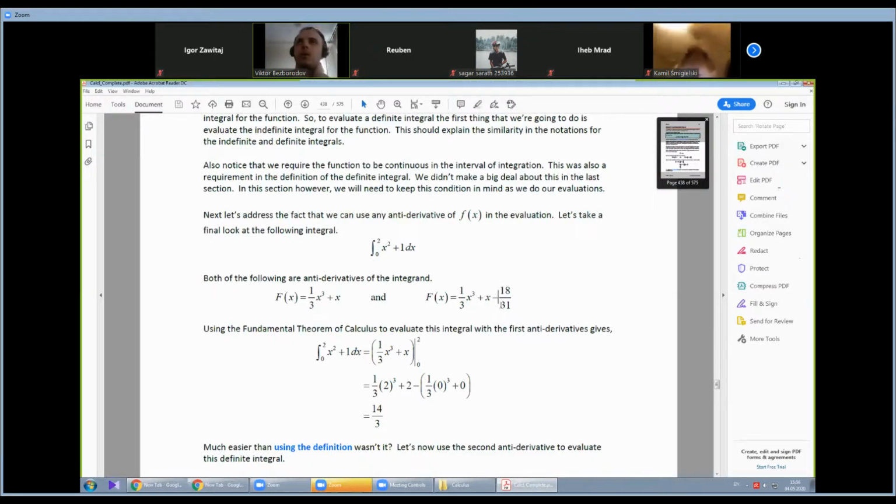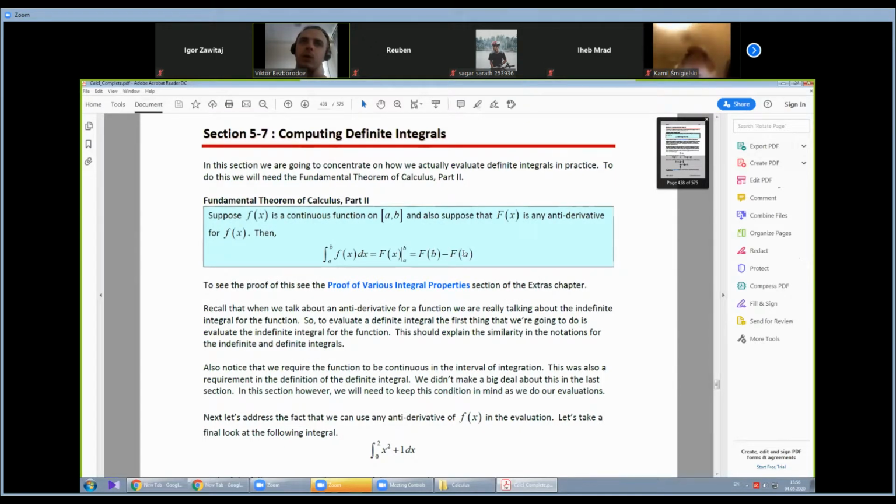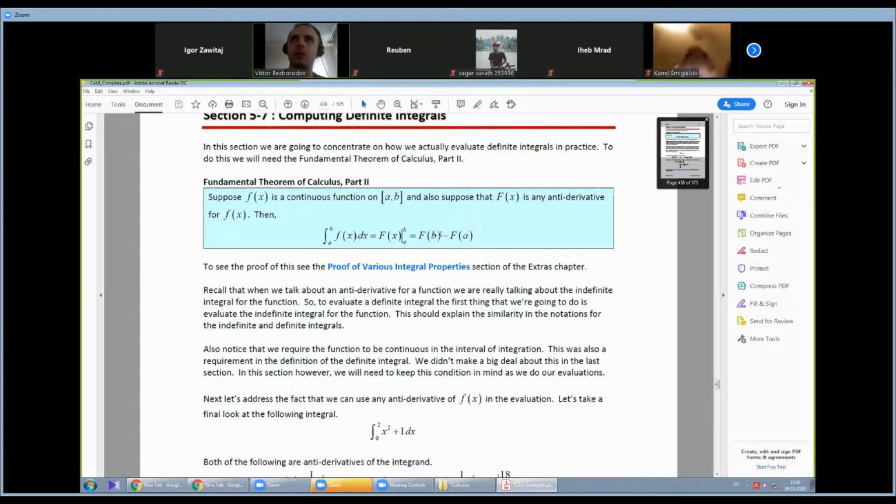You remember it's defined up to a constant, so you can add a constant. But because here you have the difference, it doesn't matter what constant you add, it's not going to change the outcome. As you should expect, because this integral cannot be two different numbers, right? It's just a single number, so it doesn't matter what constant you add.